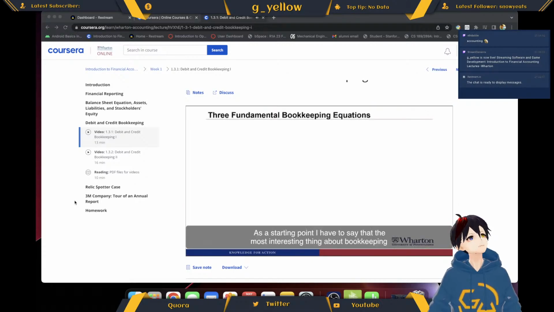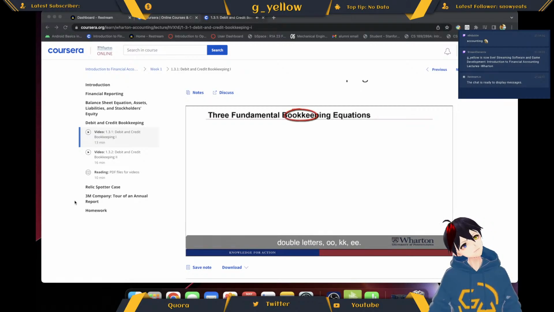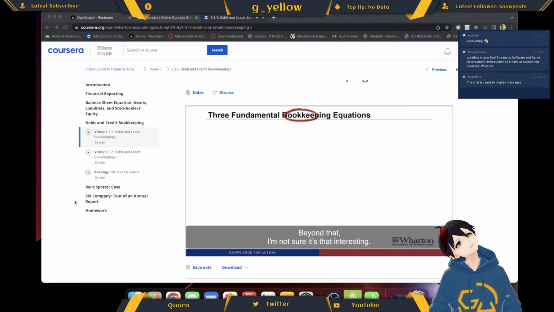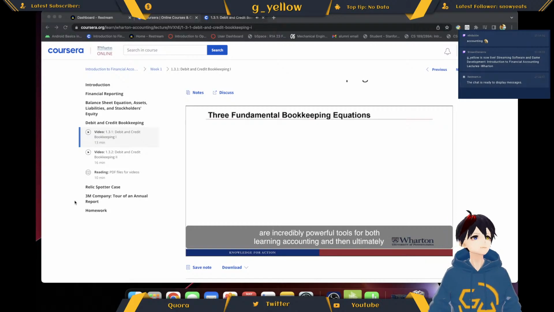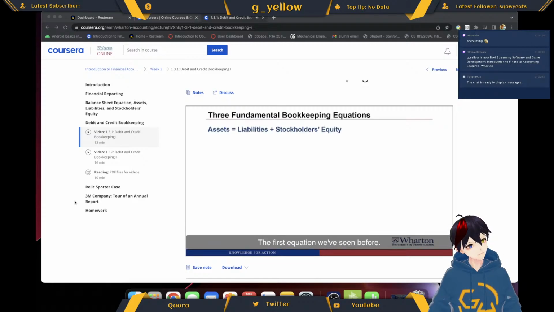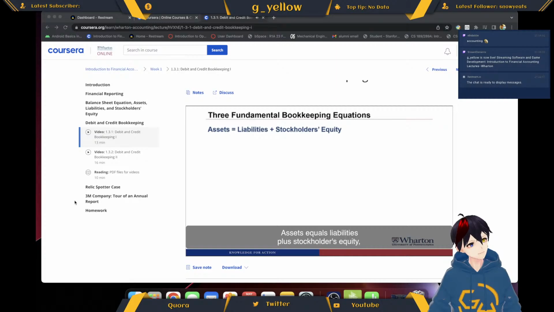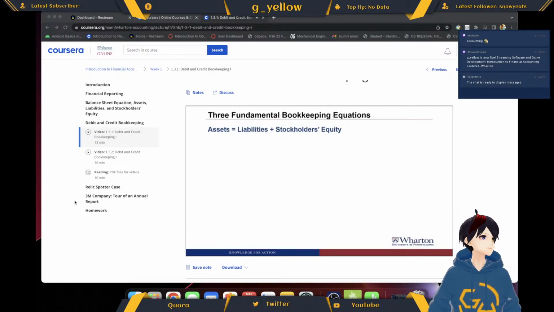As a starting point, I have to say that the most interesting thing about bookkeeping is that it's the only word in the English language with 3 consecutive sets of double letters, O-O-K-K-E-E. Wow. Beyond that, I'm not sure it's that interesting, but these 3 fundamental bookkeeping equations I'm going to show you are incredibly powerful tools for both learning accounting and then ultimately understanding the information that you're going to read in financial statements. The first equation we've seen before, assets equals liabilities plus stockholders' equity, the balance sheet equation.